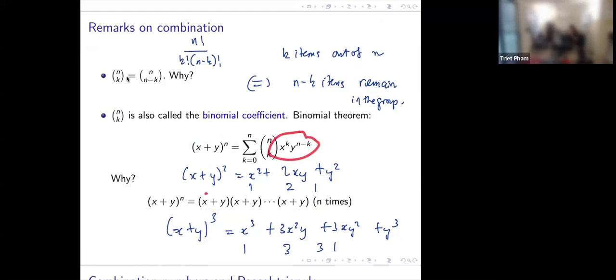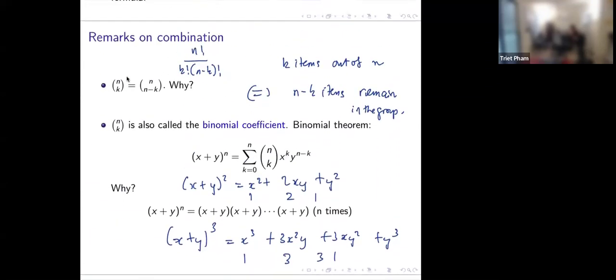It's like picking k x's from some of the factors, and picking y's from the remaining factors. So that's why it's n choose k. You choose k factors to select the x from, and then the remaining n minus k factors to choose the y from.